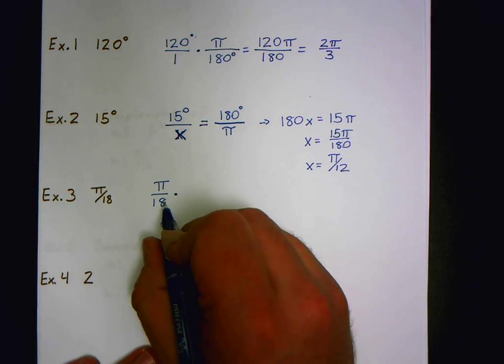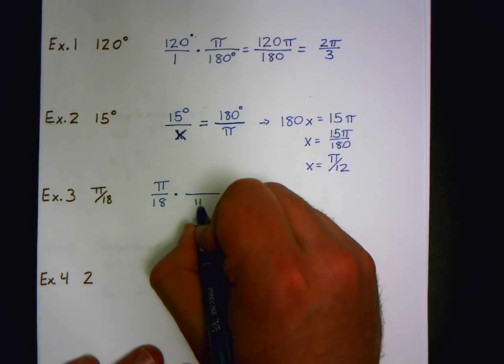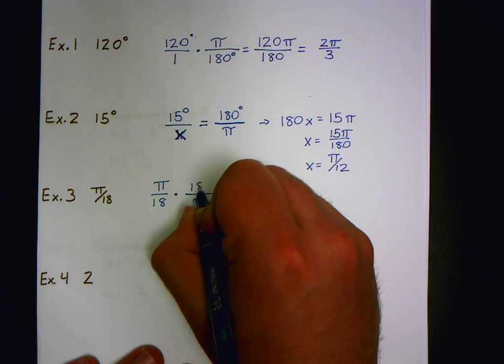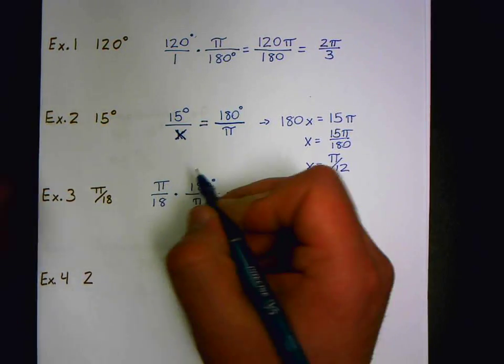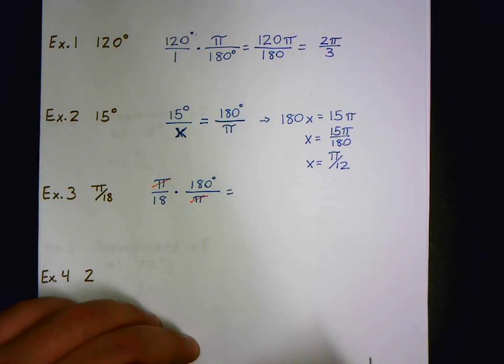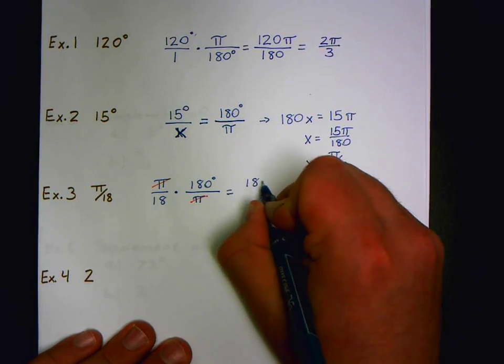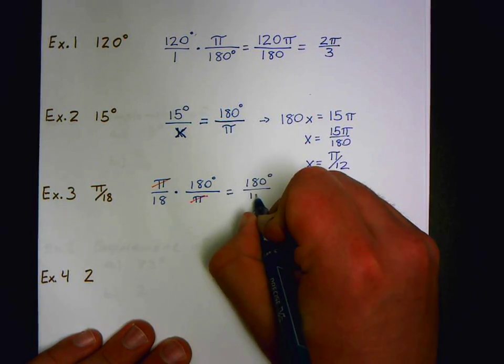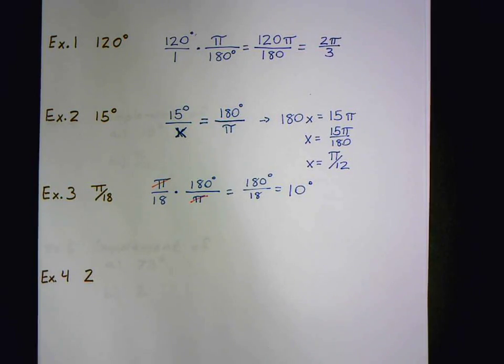Okay, since this is radians, I need radians to go on the bottom. This one I'm lucky enough that the pi's cancel out. So I get 10 degrees.